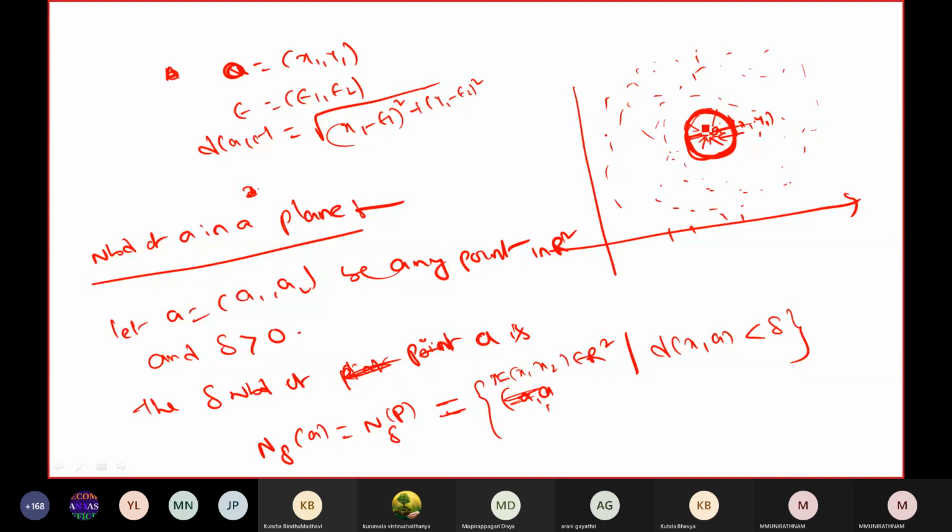This is my point A. If we find some other point x, the distance between A and x is always less than delta. This will be an open interval, so we should take it like this.